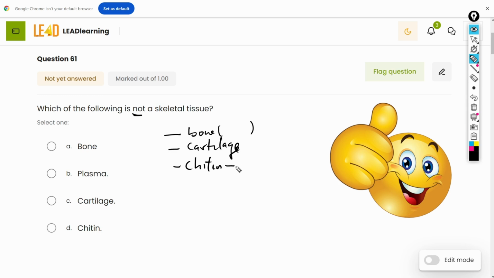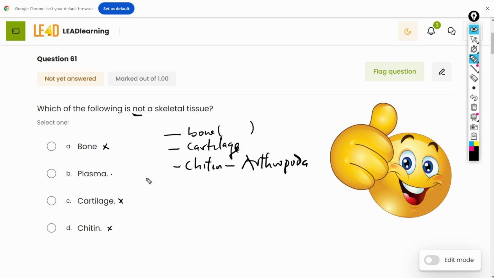And then chitin is the exoskeletal material found in animals that belong to the phylum Arthropoda. That is the insects, the spiders, the arachnids, the myriapods, and the crustaceans. So based on this information, the structure here that is not a skeletal tissue, of course, bone is a skeletal tissue, cartilage is a skeletal tissue, chitin is a skeletal tissue, so it's the plasma.